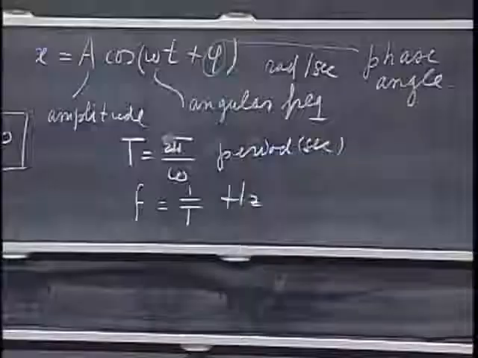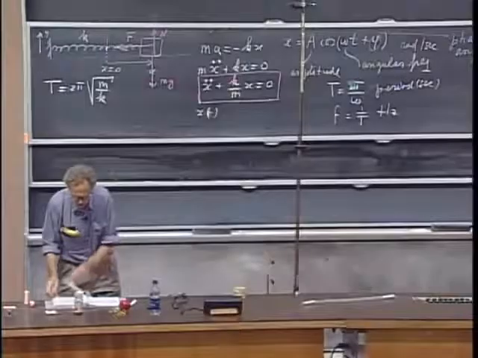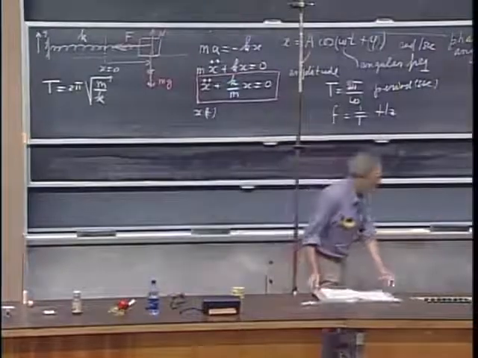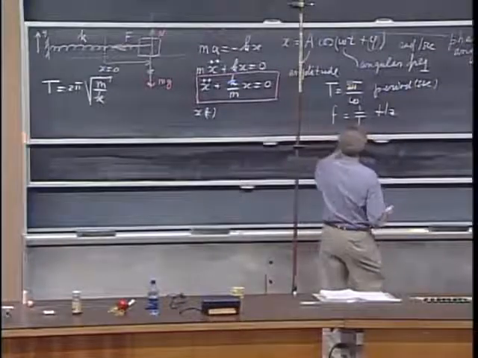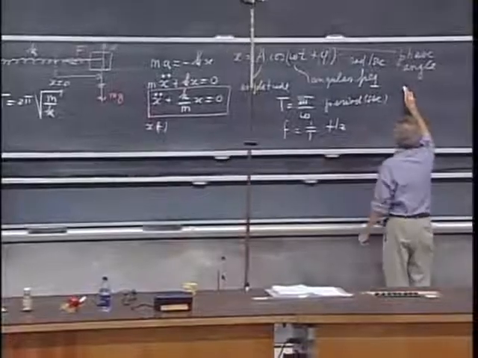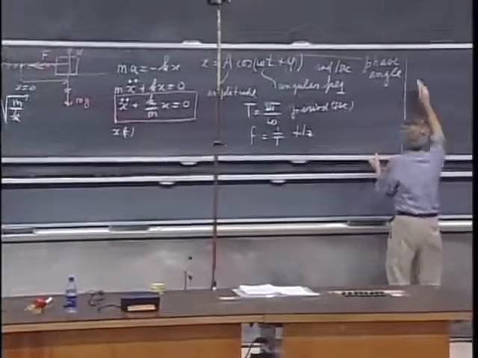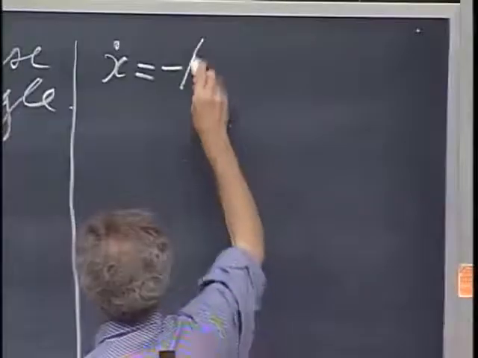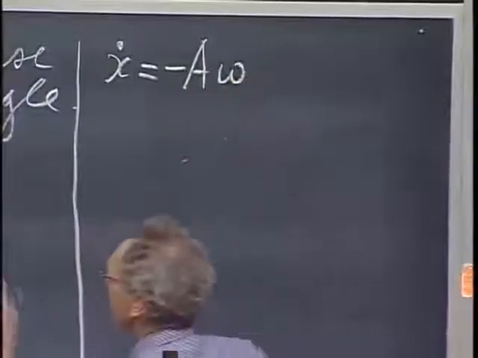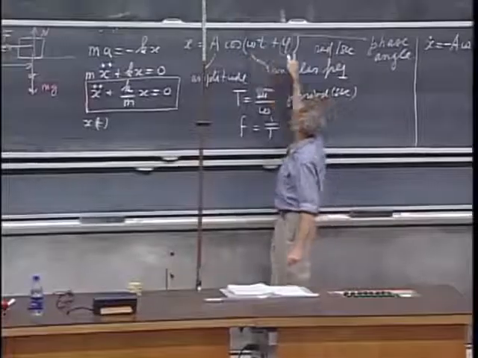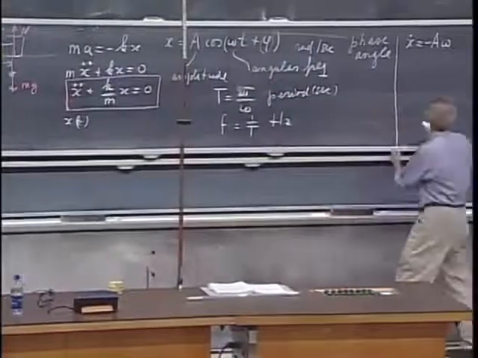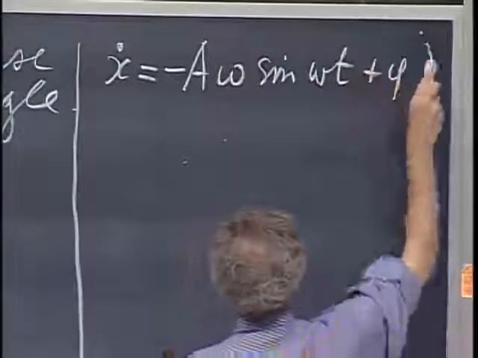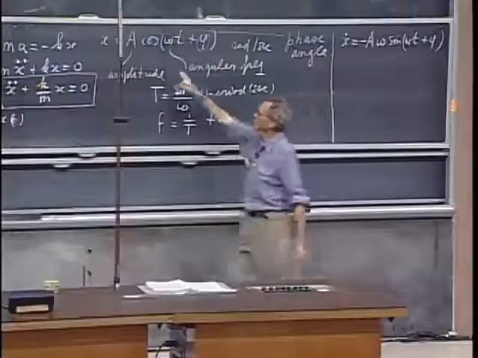So the first thing I have to do is find the second derivative of x as a function of time. Well, that's my function. I have here first the first derivative, x dot. That becomes minus A omega. I get an omega out because there's a t here, and now I have to take the derivative of the function itself, so I get the sine of omega t plus phi. Of course, I could have started off here with a sine curve.